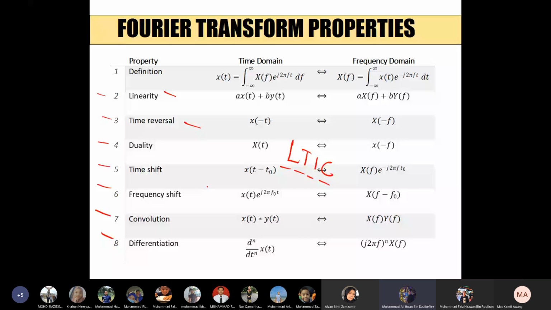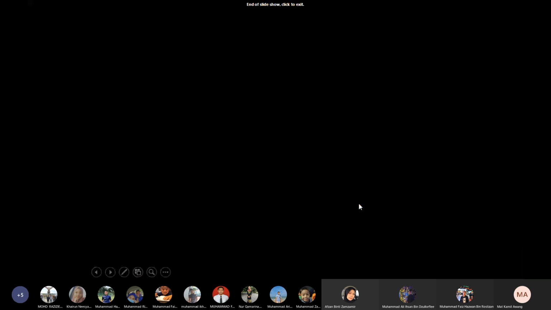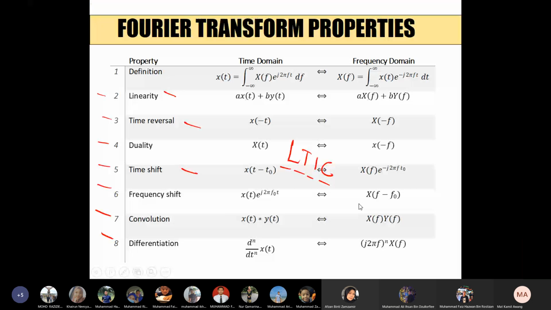We have time shift and causal system, convolution. This is causal, not convergent. So that is what we have on Fourier transform.